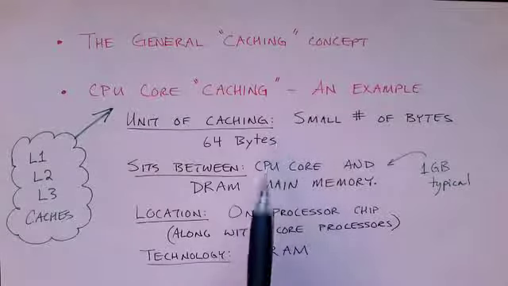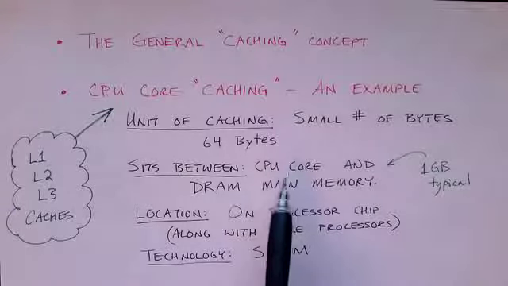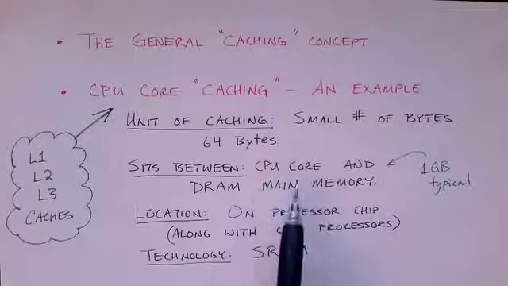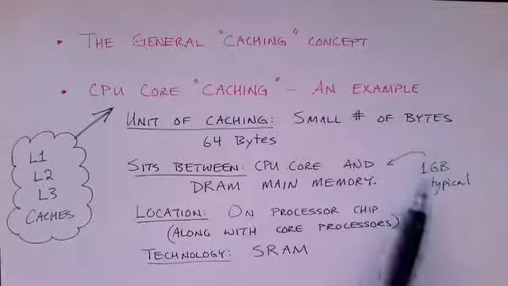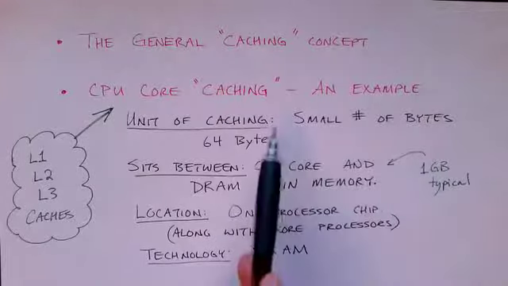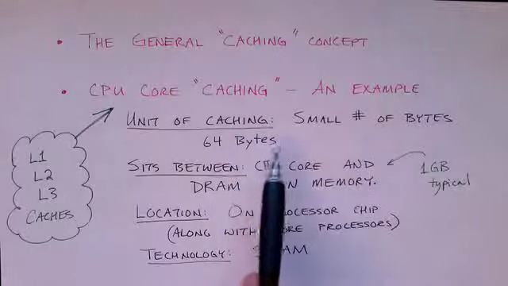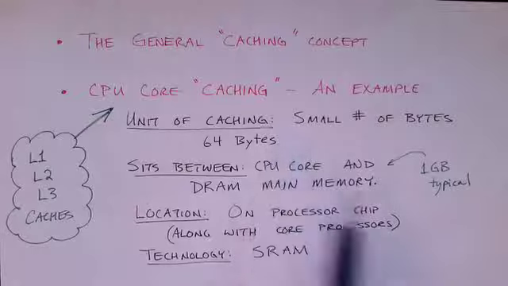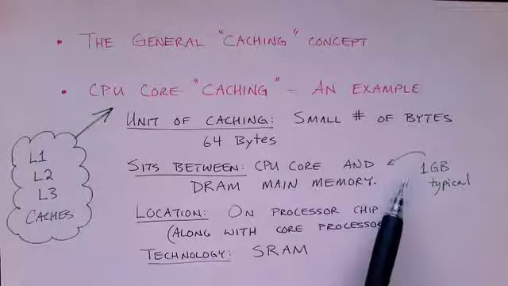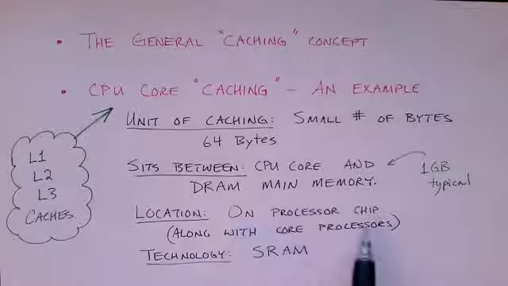The cache sits between a processing unit, that is a CPU core, and the main memory. Typically the main memory is much larger, perhaps 1 gigabyte. Now, the cache itself is a lot larger than 64 bytes. It might be, for example, 32 kilobytes or even 8 megabytes, but it's still a lot smaller than the 1 gigabyte main memory. These caches are located on the processor chip.